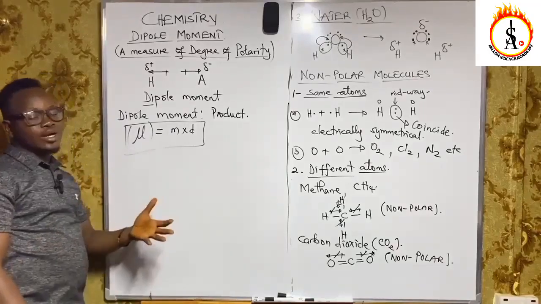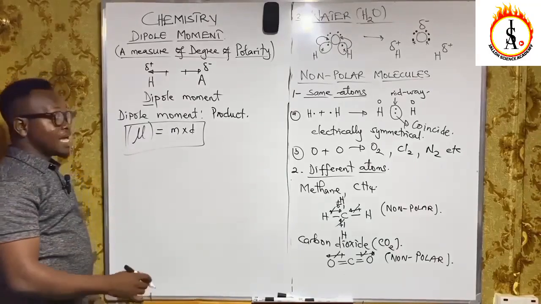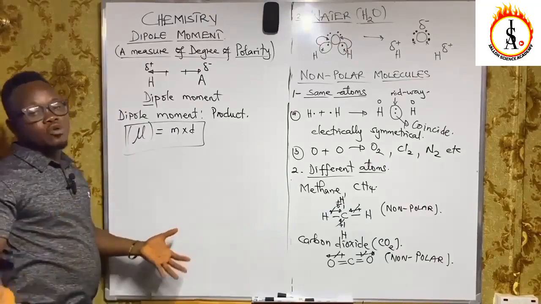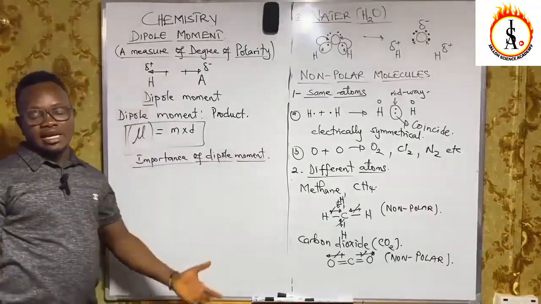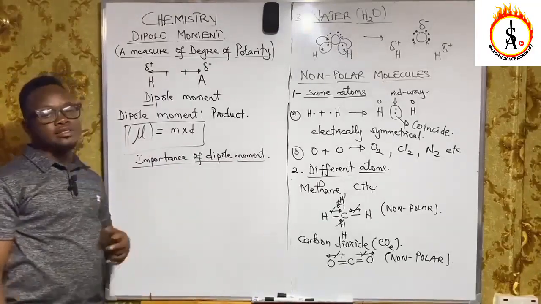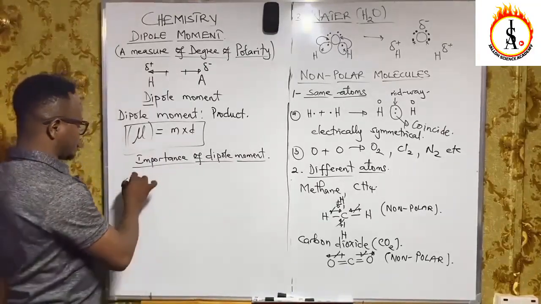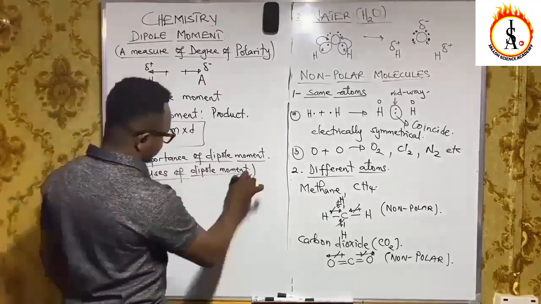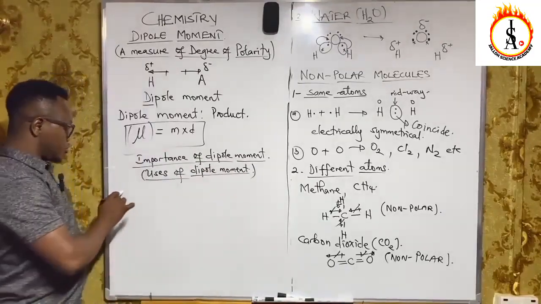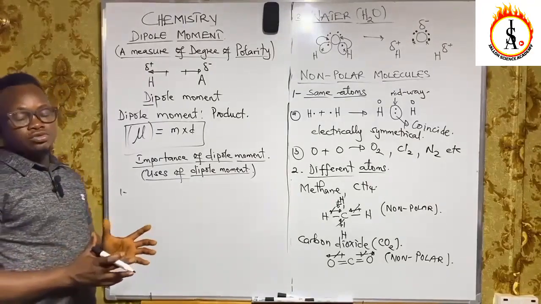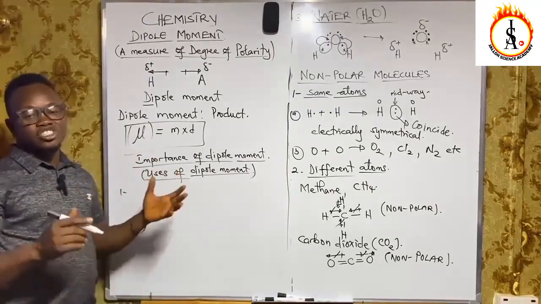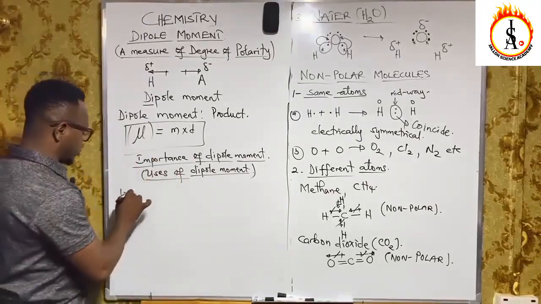Next, we are going to look at the importance of dipole moment. How important is dipole moment? The importance also means the uses. One use of dipole moment is that it helps us to measure the shapes of molecules.